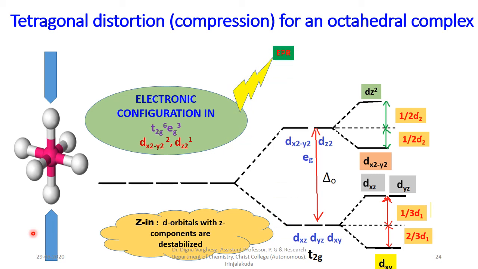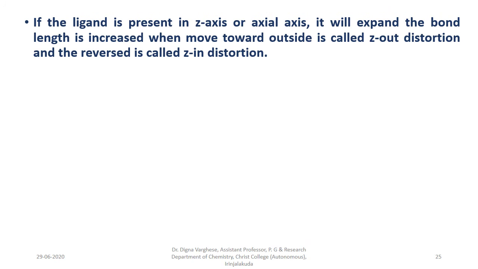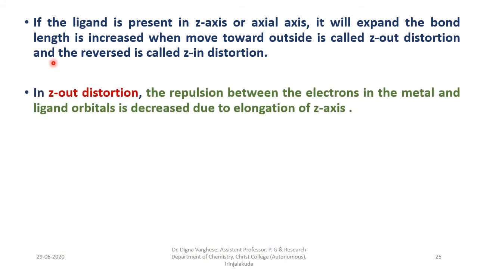This tetragonal distortion, or tetragonal elongation, can be further verified by EPR results. If the ligand is present on the Z axis, or axial axis, it will expand and the bond length is increased. When moved outward it is called Z out distortion, and the reverse is called Z in distortion.